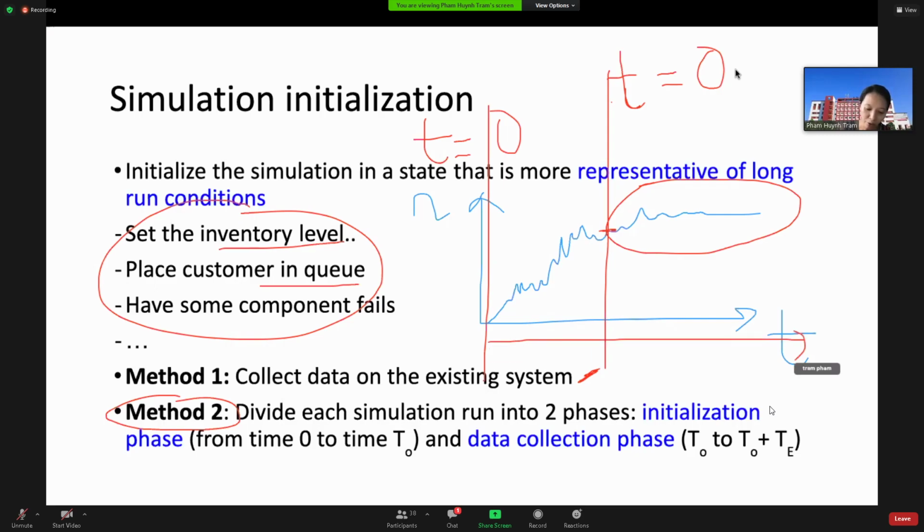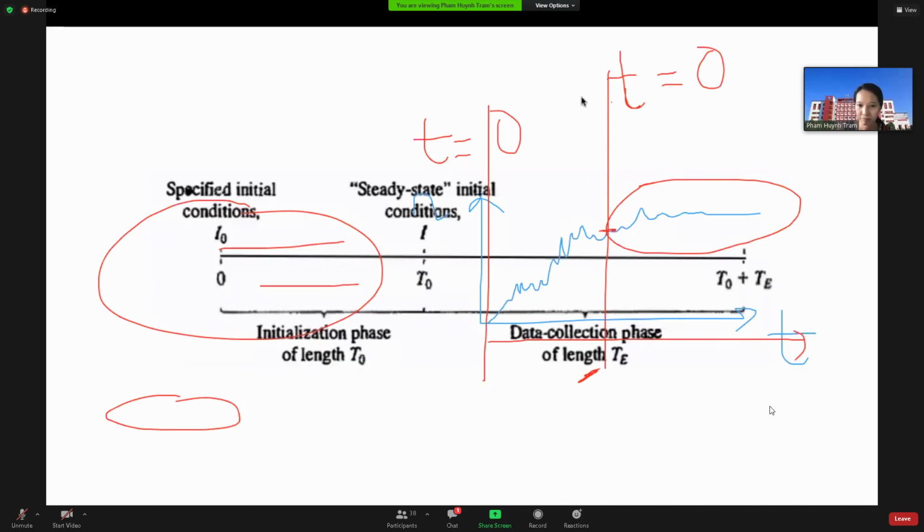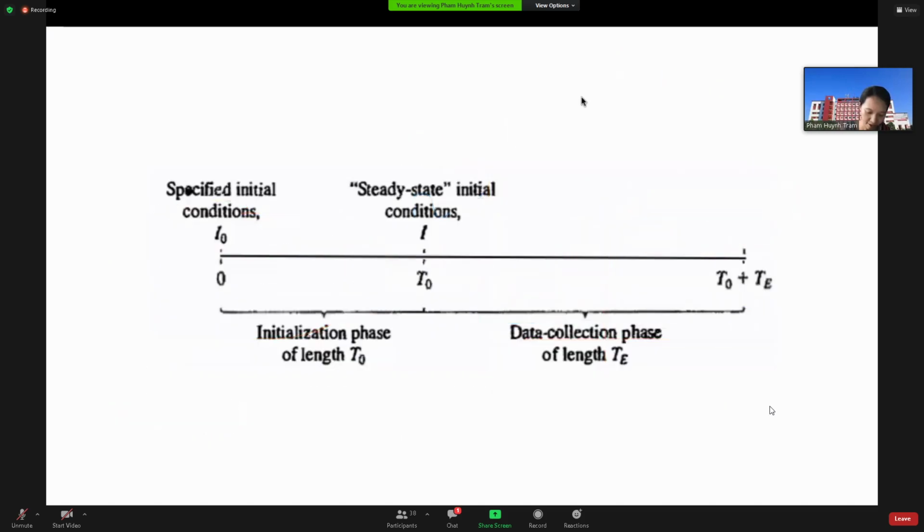And we will divide our simulation run into two phases. The initial phase, this one we call the initialization phase. I have the pictures here. Right, the initial phase here, the initialization phase, where our graph is like this one.